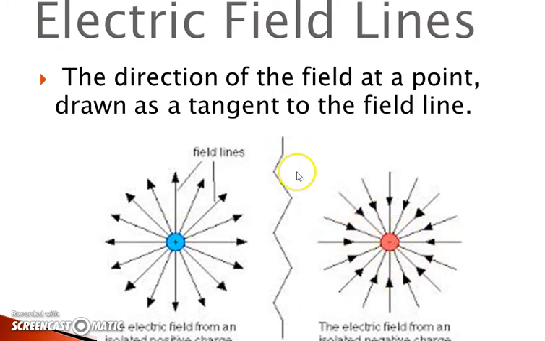So if this line wasn't here, you could clearly see that a positive is attracted to a negative because those are going in the same direction. These two arrows are pointing in the same direction. Whereas if it was a negative and a negative, the arrows are pointed opposite. And if it's a positive and a positive, the arrows are again pushing against each other, pointing in opposite directions.